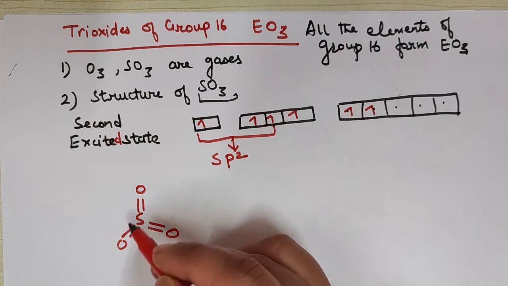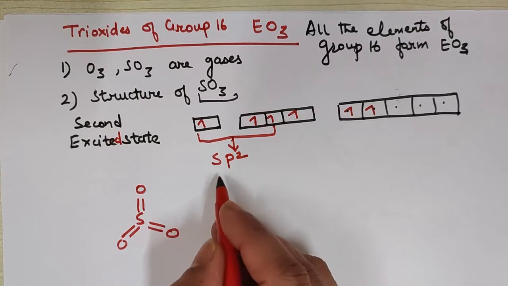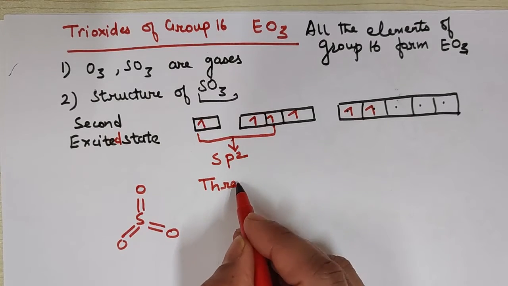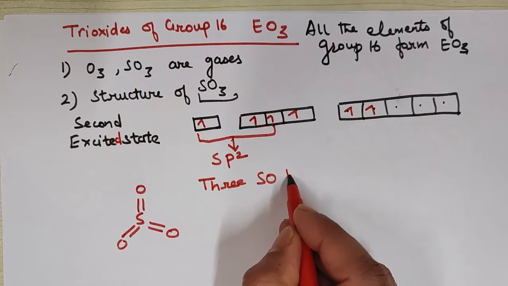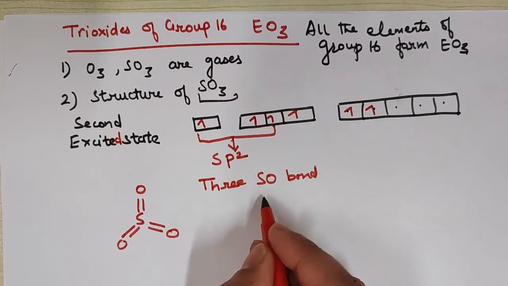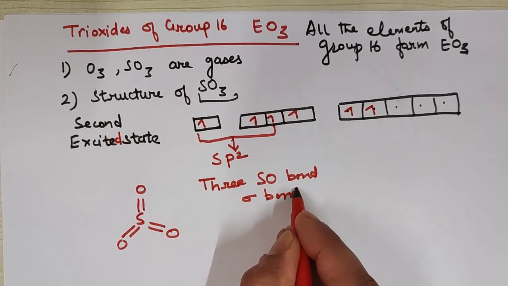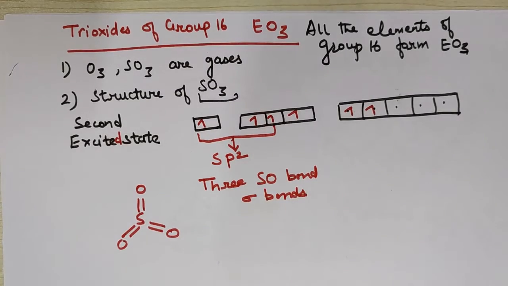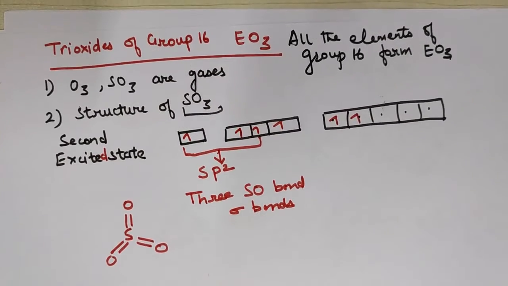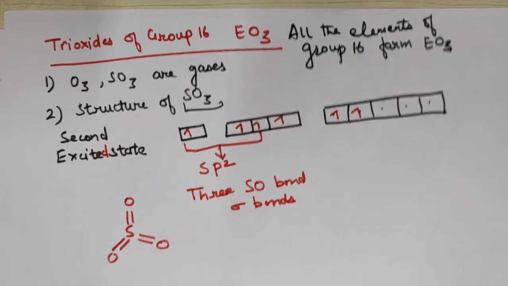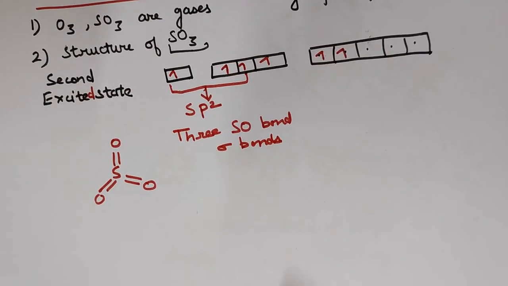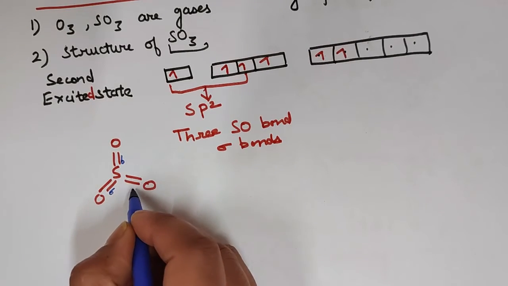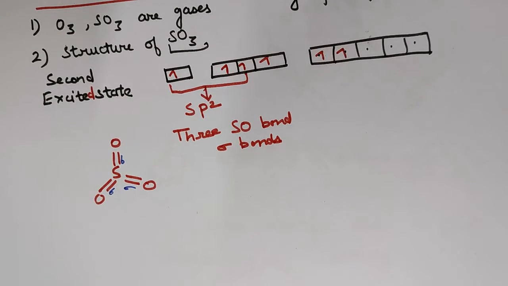So there should be 3 SO bonds, and these bonds will be sigma bonds. Remember, hybridized orbitals will always form sigma bond. Now just have a look here, one of these will be sigma bond.